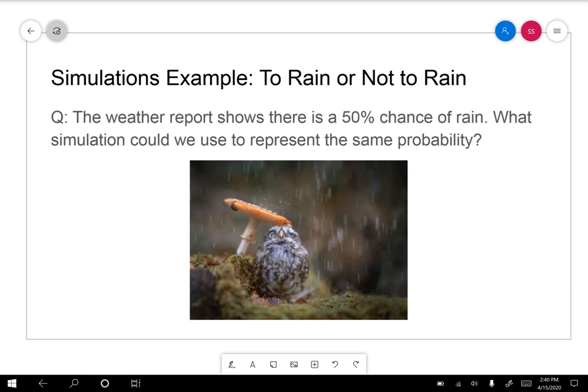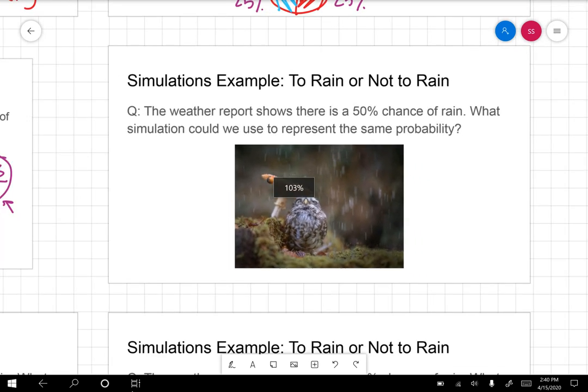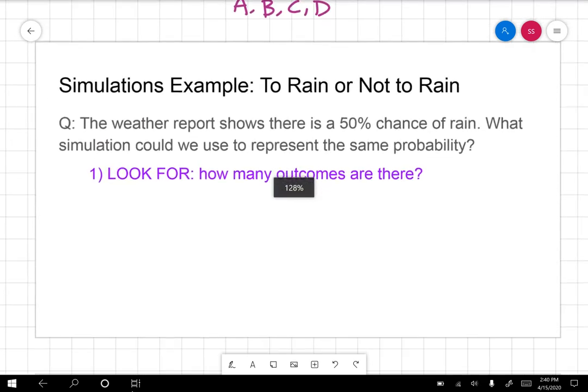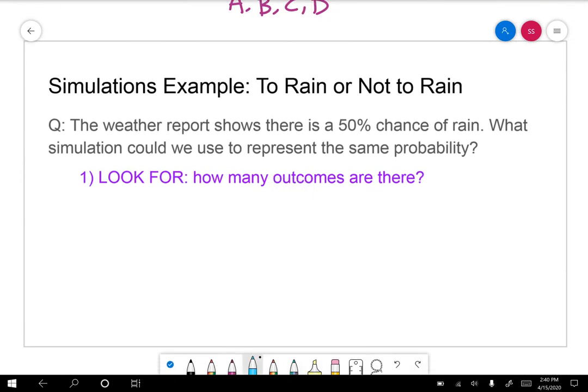So I'm going to go through the same steps as we did last time. First thing I would always look for with these questions: how many outcomes are there in the original event? Again, the problem will tell you, right? 50% chance of rain.